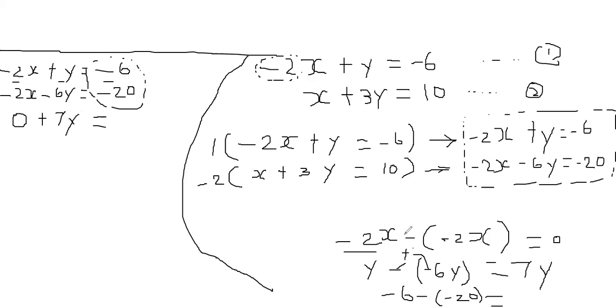Negative 6 minus negative 20 will give us what? Positive 14. Plus 14, right? Check the thing with your calculator. Plus 14. So we have 14 here.